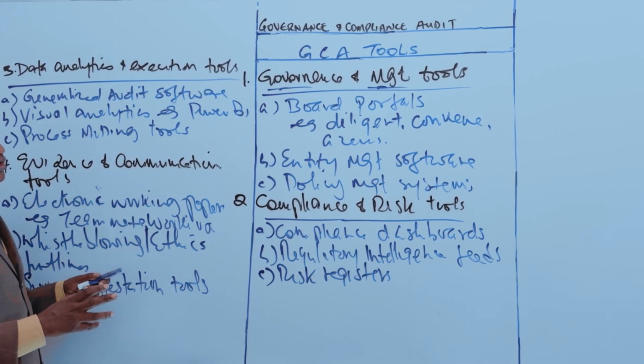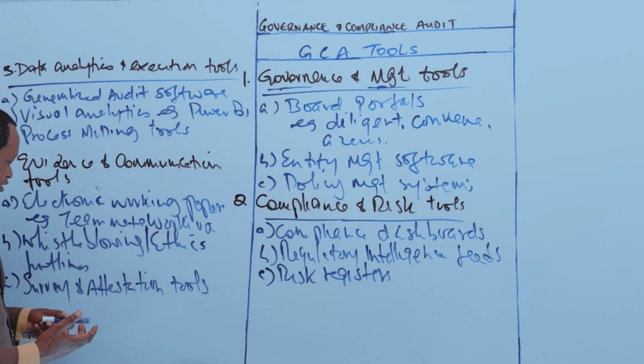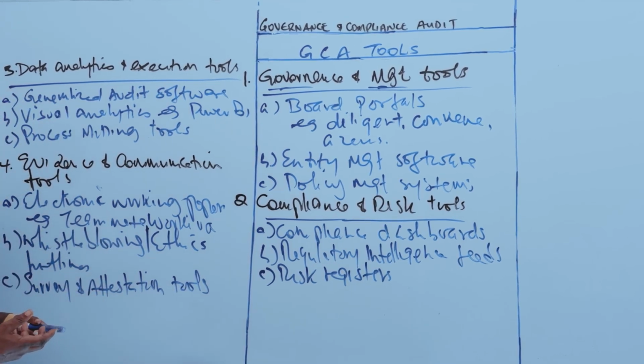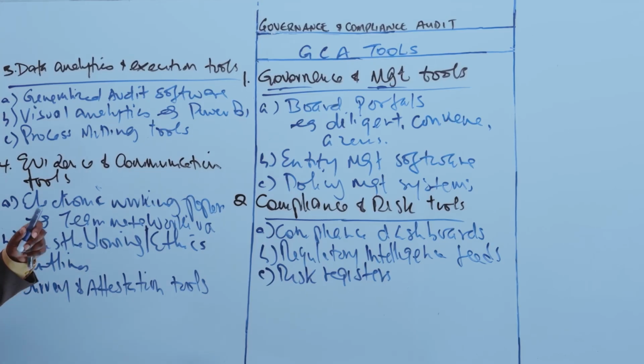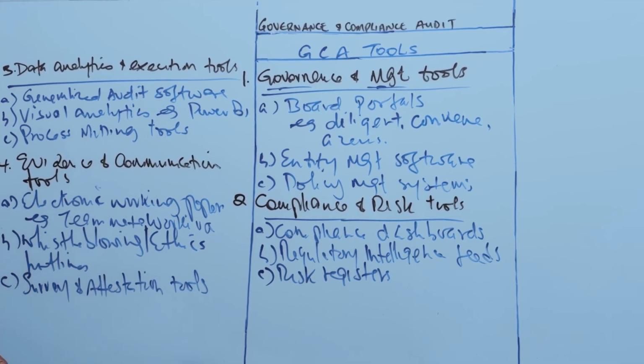The purpose here is to gauge the compliance culture of the organization. You understand? It is sent once. Instead of distributing questionnaires one by one to employees, you just use software to send all these internal control questionnaires once to hundreds of employees.